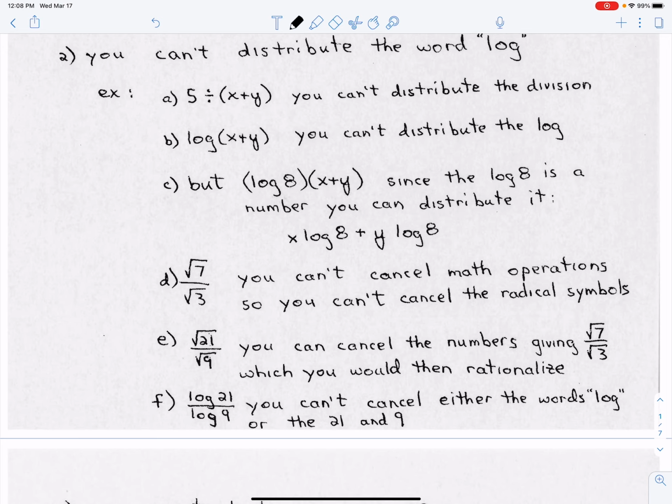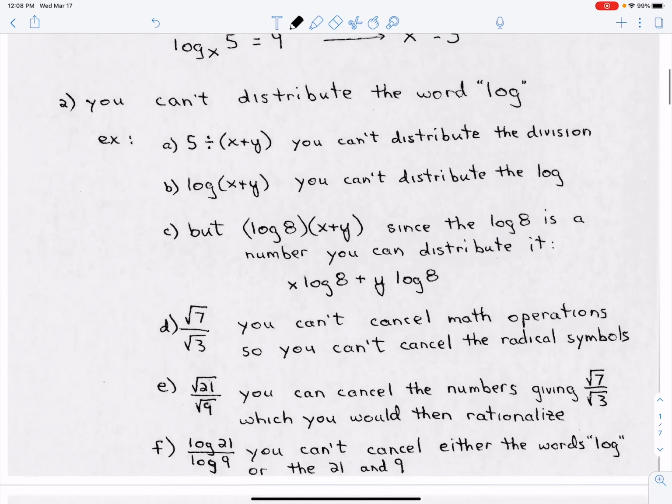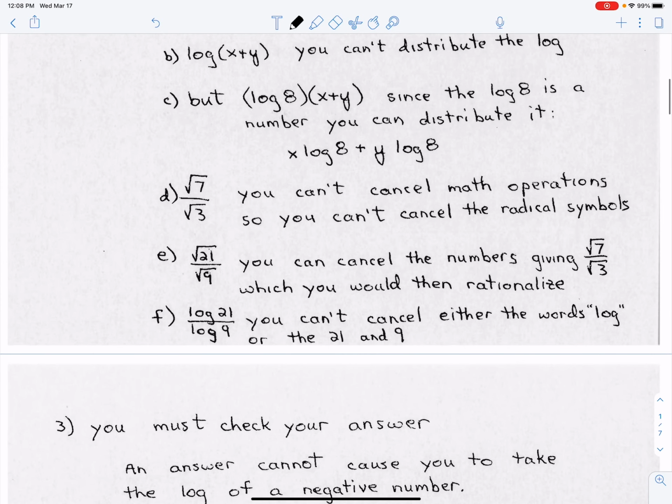Okay, by the same token here, can you cancel the words log? No. You can't even cancel the 21 and the 9 here for reasons we'll get to later. But it is just what it is. Now, if you had this, the log of 21 ninths, could I cancel the 21 and the 9?